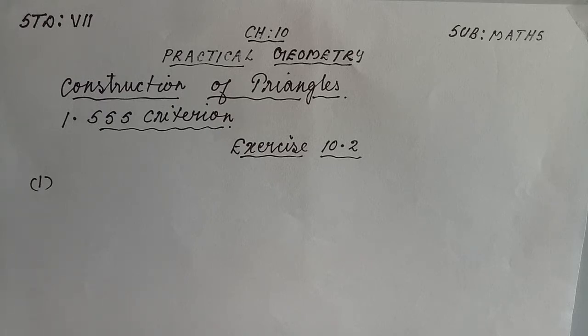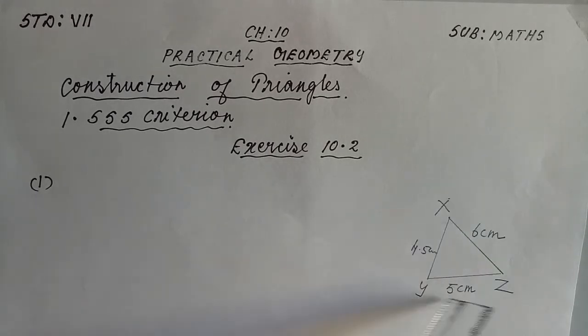So first of all we can draw a rough one. Here the rough sketch is done. Once you draw the rough sketch, you will get an idea of the sides of the triangle. Now, step 1: draw a line segment YZ of 5 cm. So first, the base line segment, that is YZ, of 5 cm. You will get this idea from the rough figure.